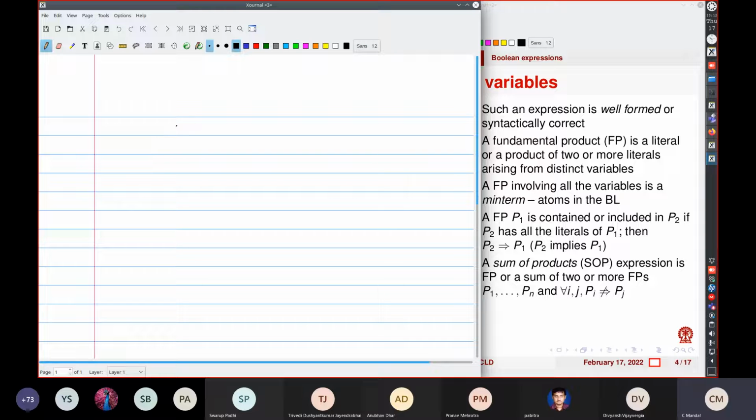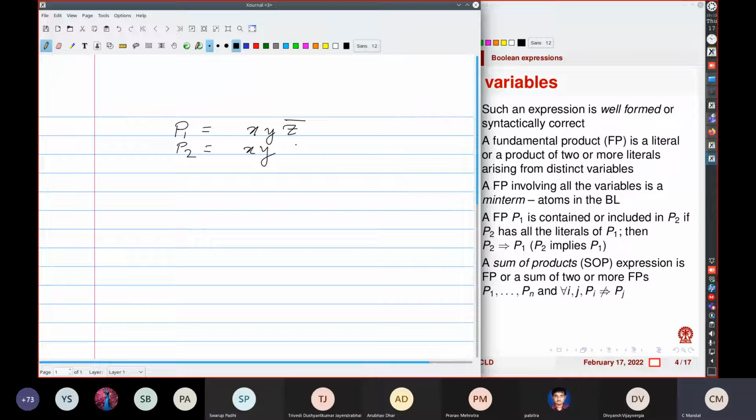So P1, let us say P1 is x, y, z bar. Okay. Sorry, x, y, z bar. And it is included in P2. So P2 is, let us say, x, y. So we are saying that P1 is included in P2 if P2 has all the literals of P1.